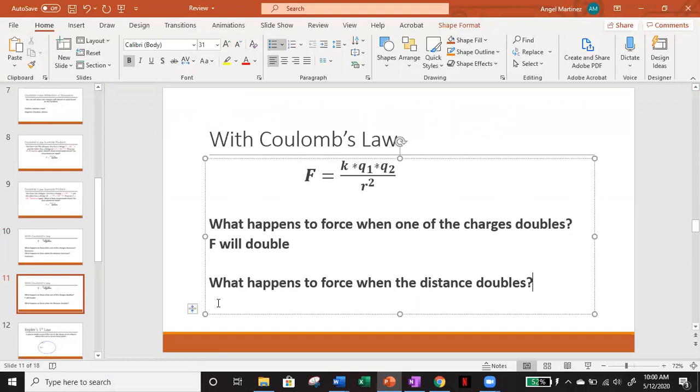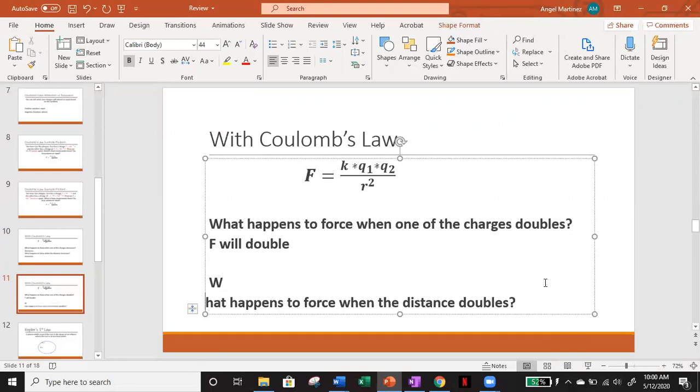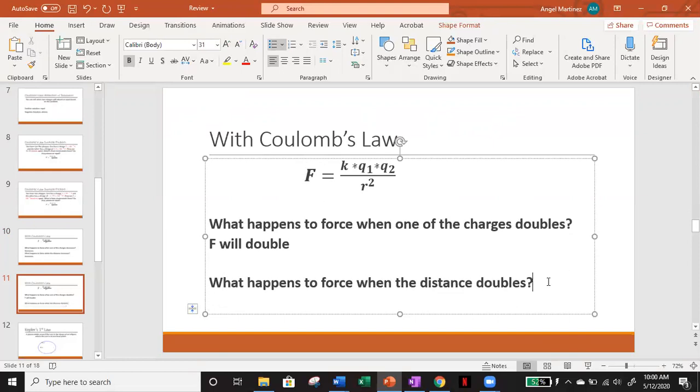So what happens to the force when the distance doubles? Remember that the distance is squared. So if R is to the power 2, it's a little more complicated than if the distance doubles, F will double too or be reduced by half.